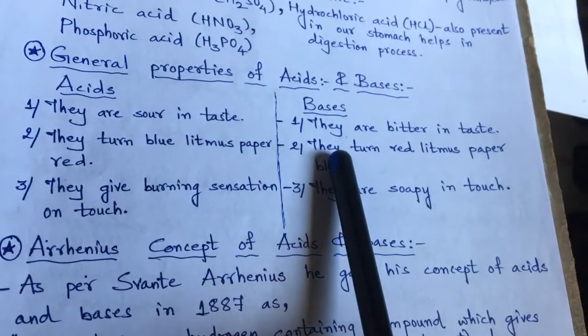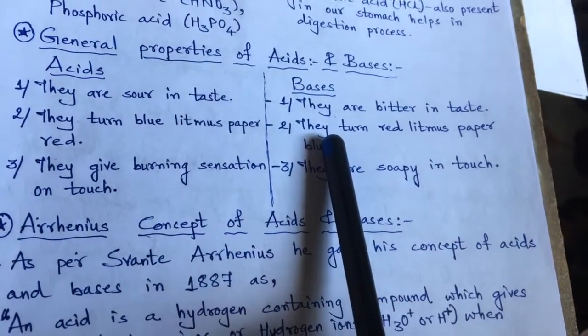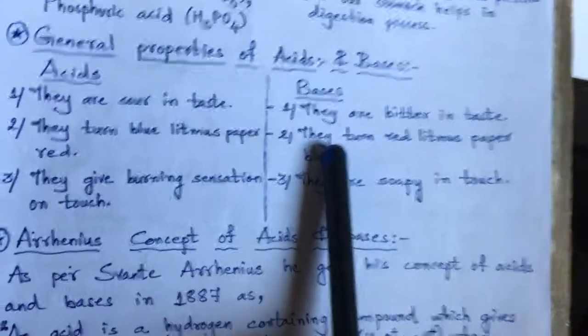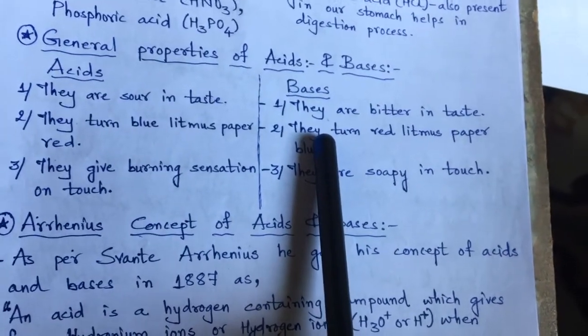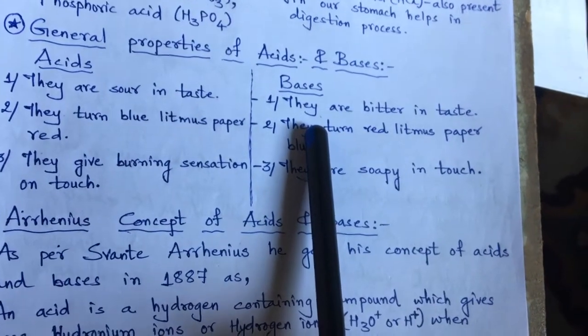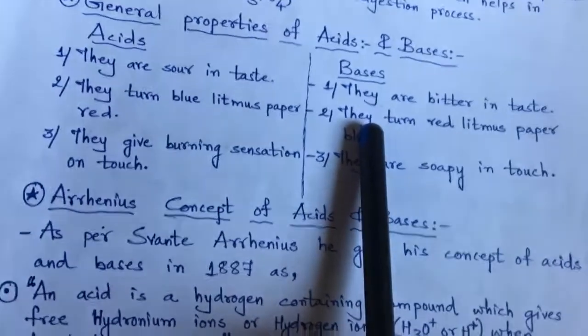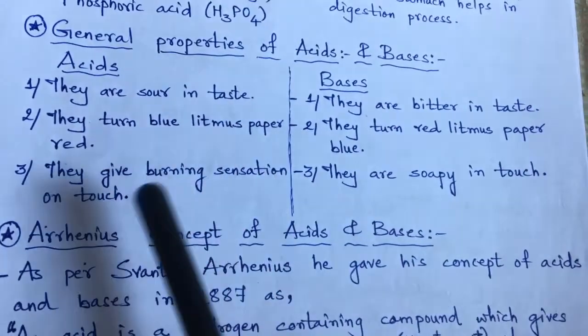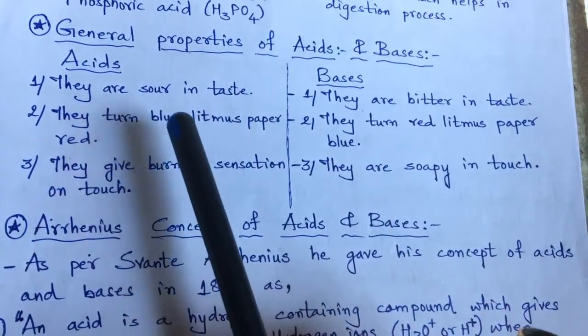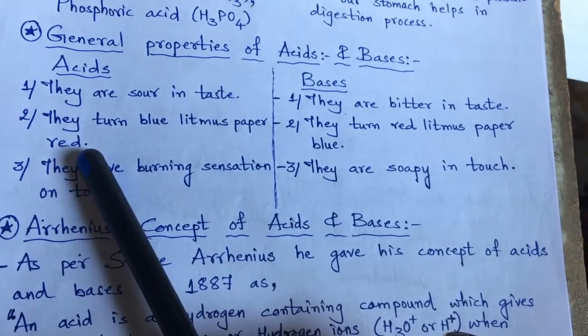Suppose sometimes when you are taking a bath and by mistake some amount of soap goes in our mouth, and at that time if you would have undergone this test, then you would have come across that yes, it is bitter in taste because soaps are basic in nature. Acids turn blue litmus paper red. Please remember this.